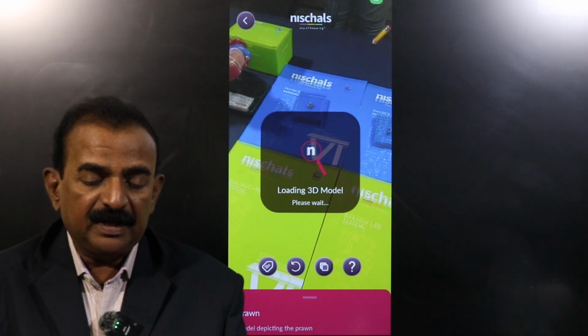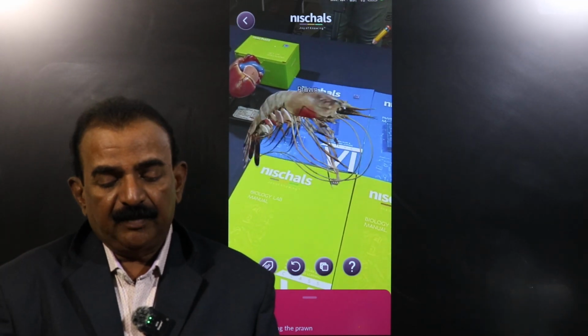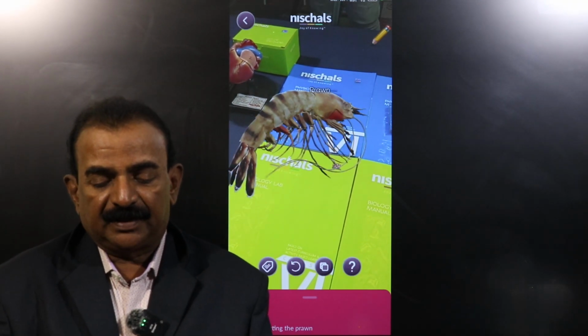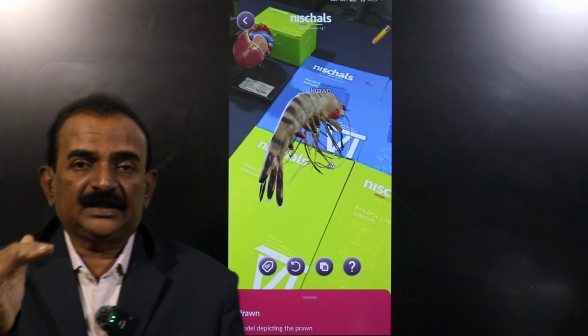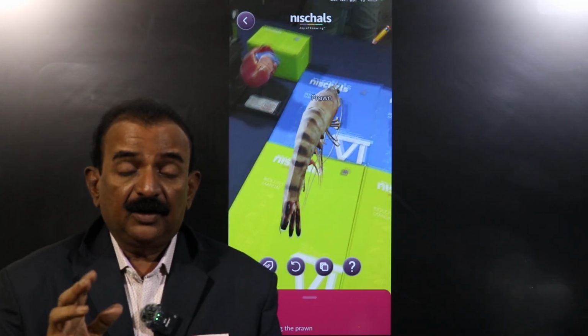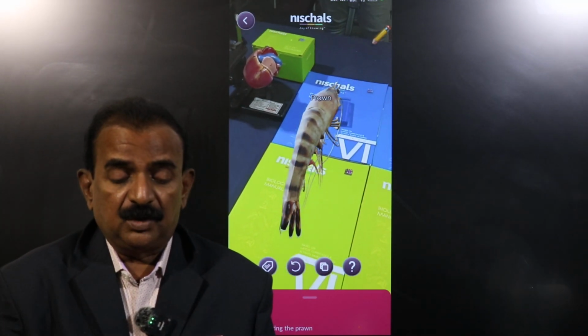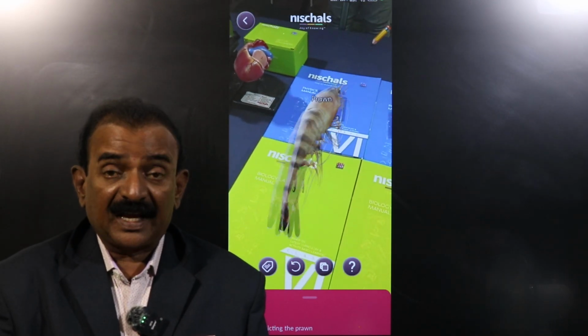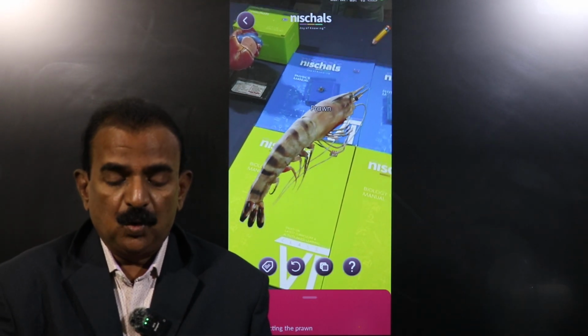Now we are observing another 3D model, and this fish is also called prawn, and we discuss there are two types of fisheries, and they are fin fishery and also shell fishery. Fin fishery examples are catla and also rohu.